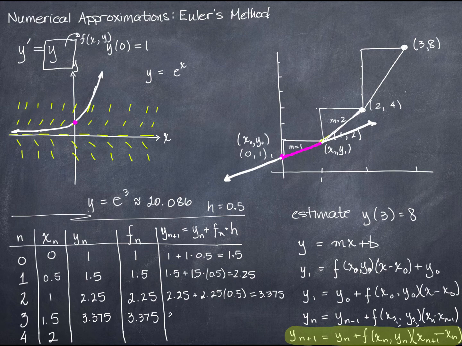Because my slope and my y value are the same, I have 3.375 here. And then I have my current y value plus my current slope times 0.5, which is 5.0625. I think I'm going to go with 5.06 just because otherwise I don't really have room to write the whole thing.